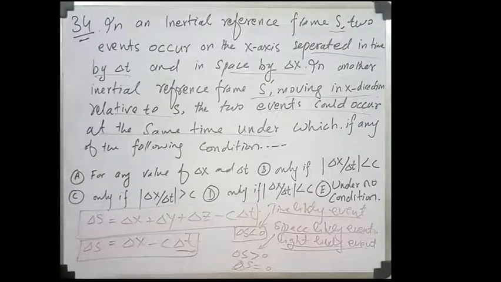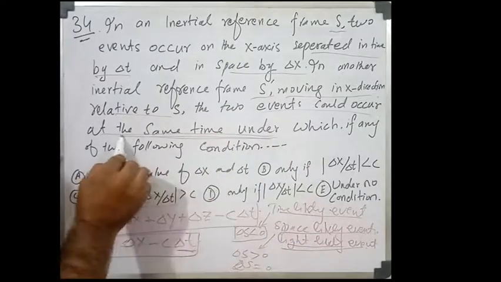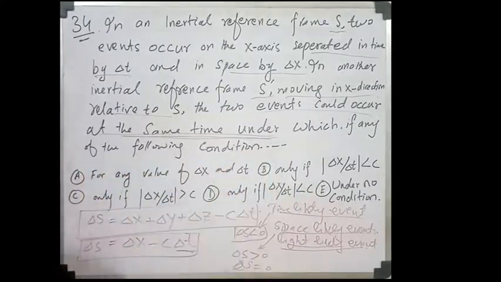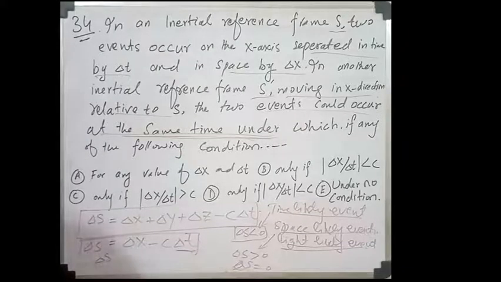In our condition, the two events occur at the same time, means there is no time separation, there is a space separation, so delta S is always greater than 0. For this we will find the condition that delta S will be greater than 0.